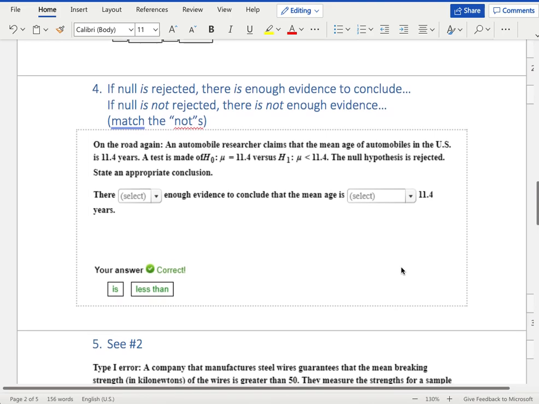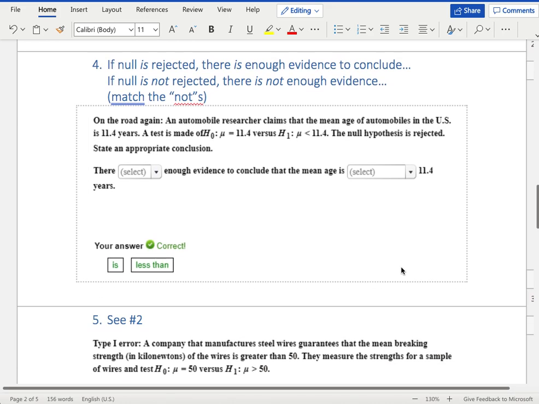Then they always end with whether you're going to reject or not reject, followed by here it's saying the null hypothesis is rejected. At this point we haven't even learned how we're going to know whether to reject the null hypothesis or not.